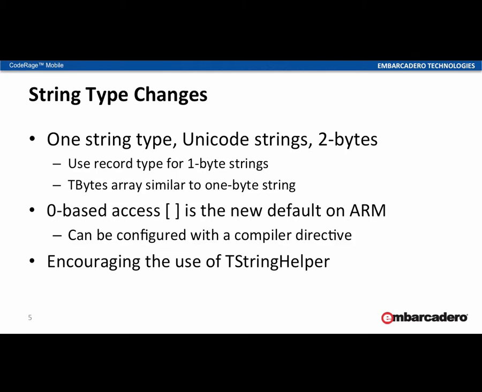The other change, which is just an option you can reconfigure with a compiler directive, is how the open and close square brackets are treated by the compiler. By default, we have switched, only for the ARM compiler, the mobile compiler, to zero-based access, which is what is used by each and every other language in the world, and also what is used in Delphi for every other data structure but strings.